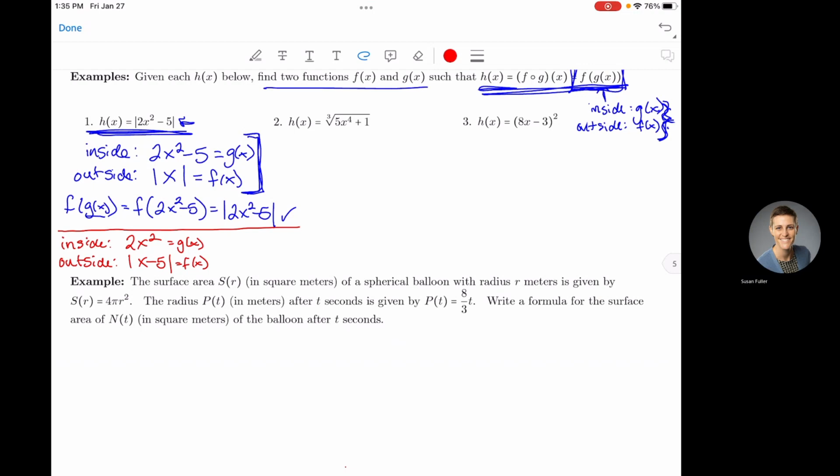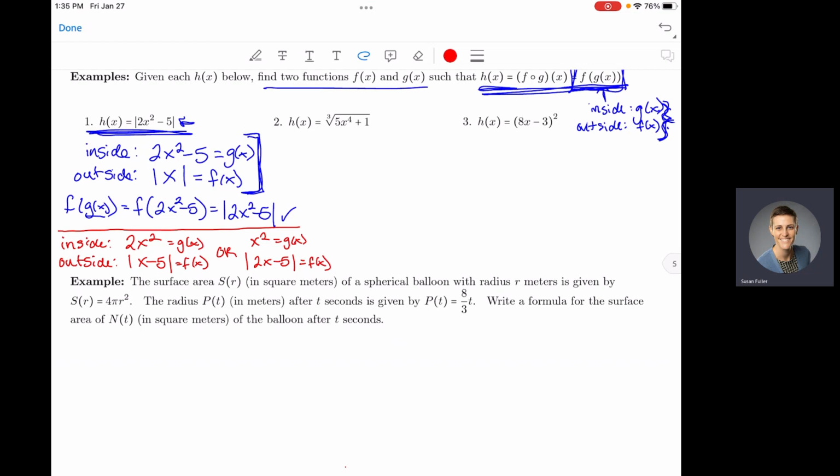Or I could have said, no, my inside function is actually x squared. In that case, my outside function that would correspond to that is the absolute value of 2x minus 5. If I take this g of x and plug it into this f of x, I also get the original function.